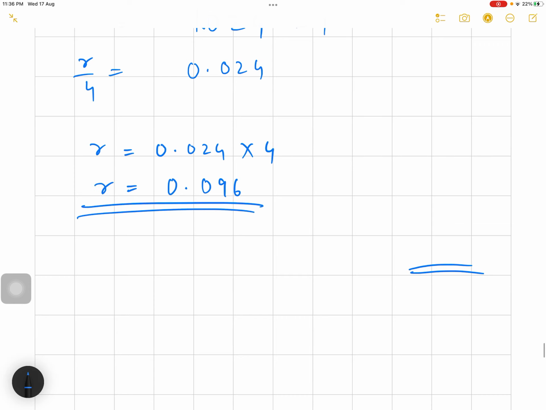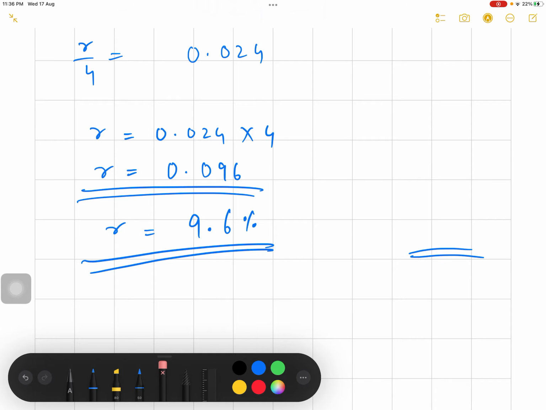So r is equal to 0.096. That means r is equal to 9.6%. 0.096 means 9.6%.